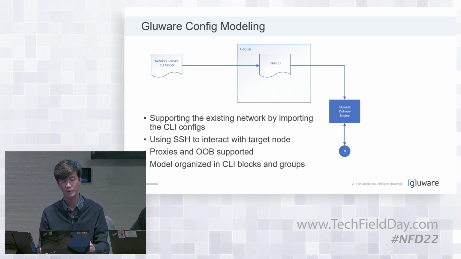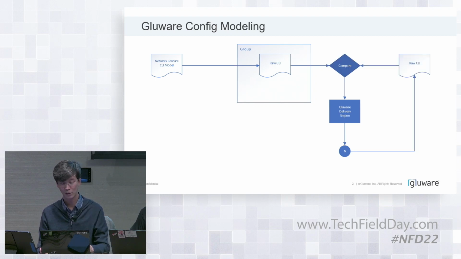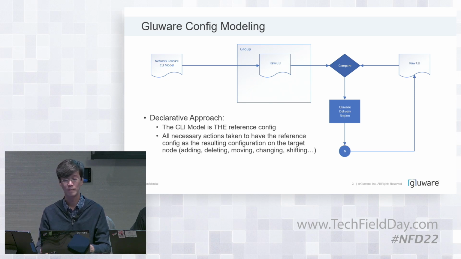Okay, so this is the overall model: use SSH to deliver configuration. But guess what? This is not good enough, because you don't want to push the config over and over and over. You want to assess what's already in the box, because, like Mike was mentioning earlier, you want a declarative approach. You don't want to figure out what is on the box already.